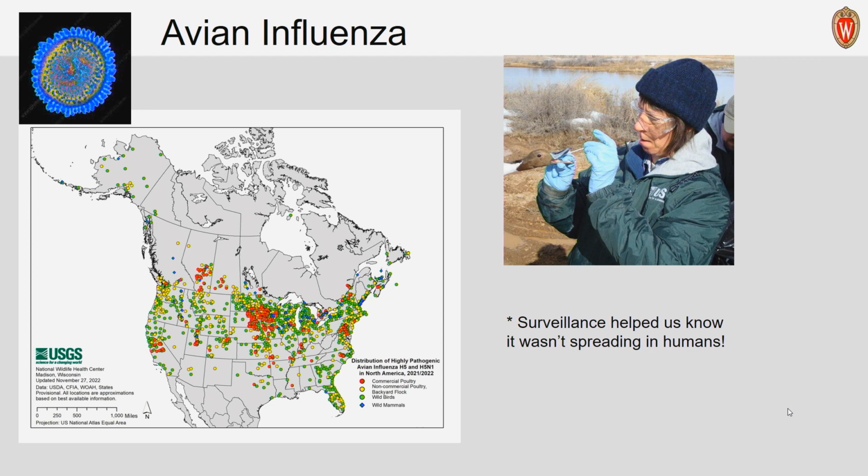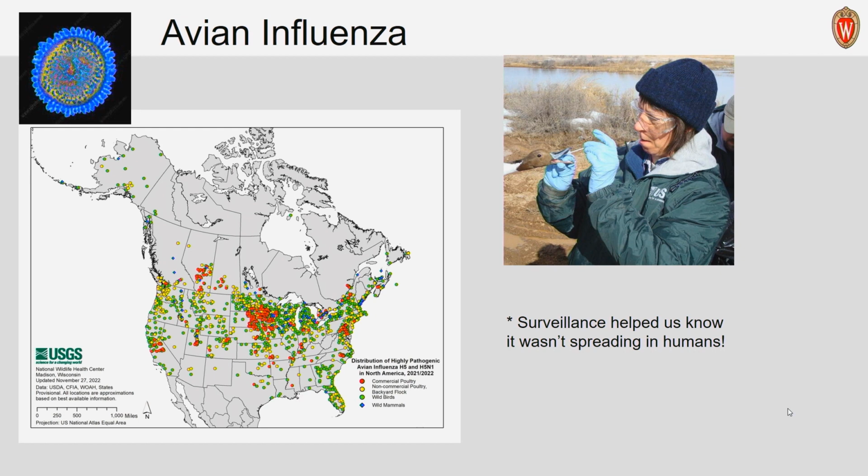Now, before we leave influenza, I do want to spend a little bit of time talking about the avian influenza. Thankfully, this did not really jump into humans, but it's another reason why we monitor for things, not even just human things, but animal things as well, because this really took off across the world, and the US was certainly hit pretty hard with avian influenza. If you've ever wondered what it looks like to swab a duck, I threw in a slide because I was very curious, and someone at another meeting mentioned that you also swab the other end, but I didn't have a picture for that one.